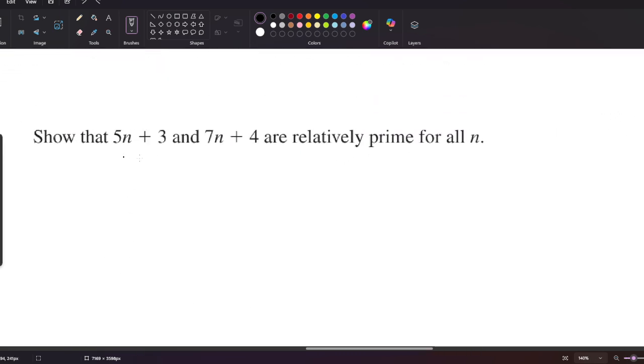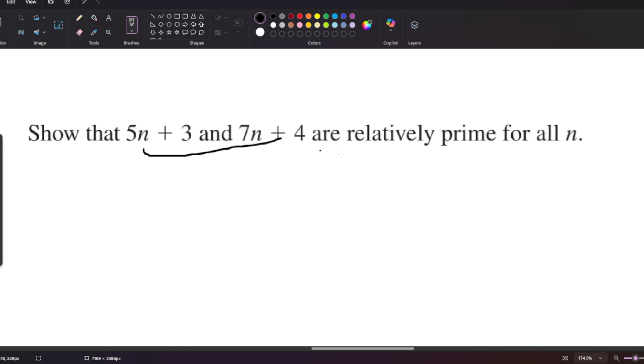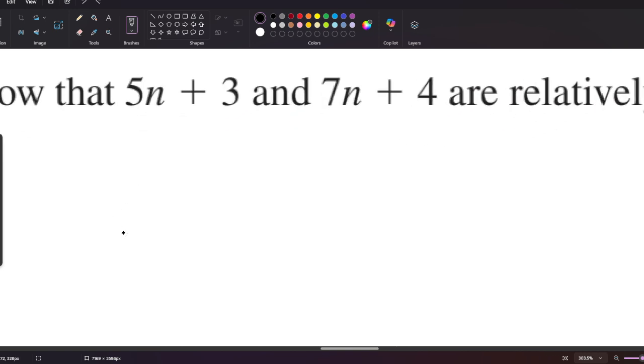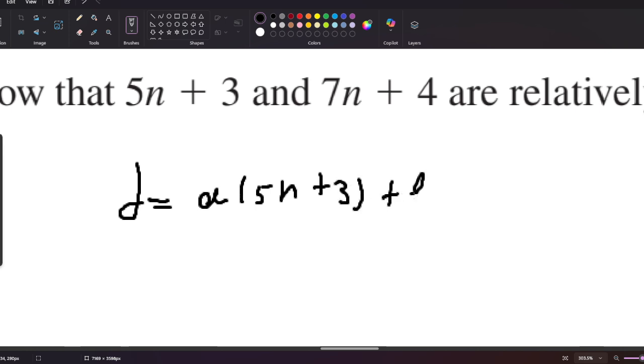The next one. I have to show that these numbers are relatively prime for all n. Now, let's write down the greatest common divisor in the same linear form as previously. And you can notice that a handy pick here would be to make it so the n's cancel out.